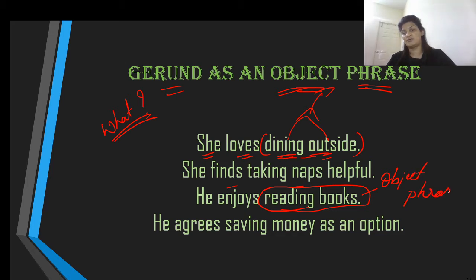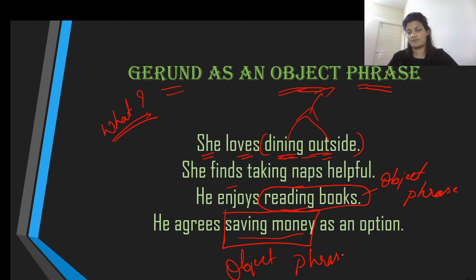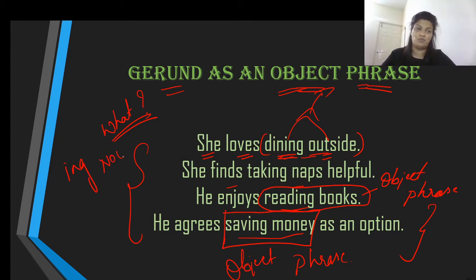Now let us go to the next one, which is he agrees saving money as an option. What does he agree on? He agrees saving money as option. Therefore, here we have object phrase. So these are object phrases which are in ing forms but functioning like a noun. Which is why we call it gerund.